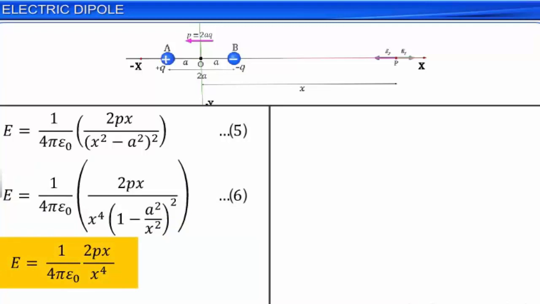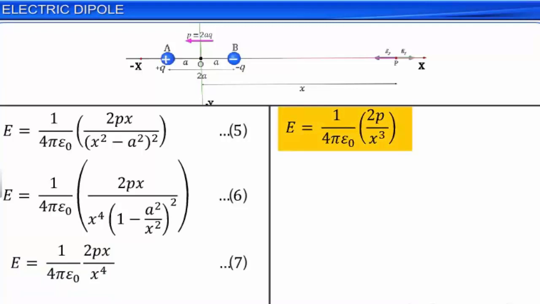Let this be equation 7. This can be further simplified as E is equal to 1 by 4 pi epsilon naught 2p by x cube. Let this be equation 8.